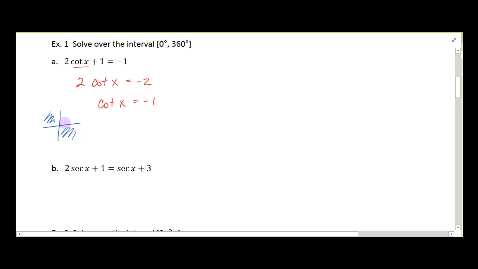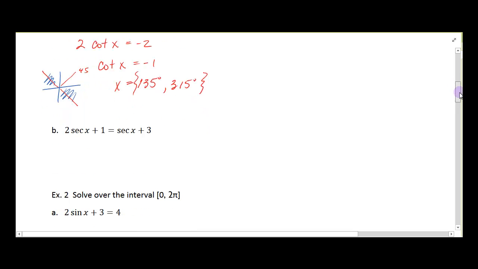If you remember your reference angles, that would be at 45 degrees. The cotangent of 45 gives me positive 1. And since I'm looking for angles that are occurring here in quadrants 2 and 4, I must be looking for this angle over here, which would be at 135, and this angle down here, which would be at 315. So the solution to this would be 135 degrees, as well as 315. Okay, that's the solution on the interval between 0 and 360.